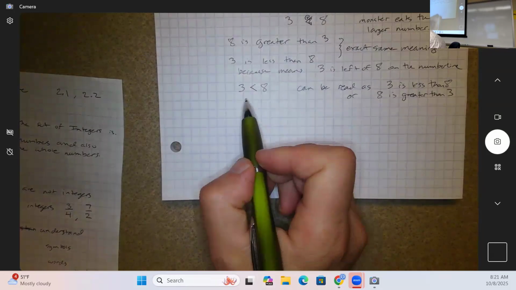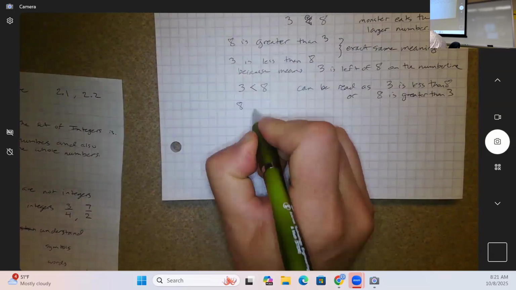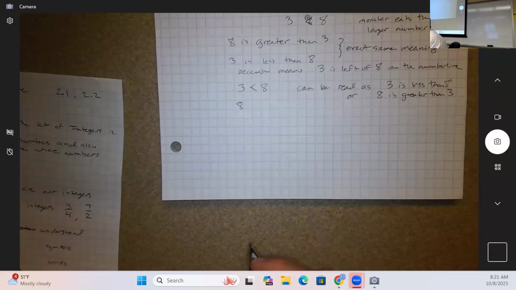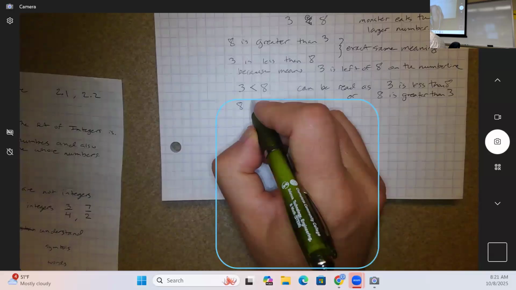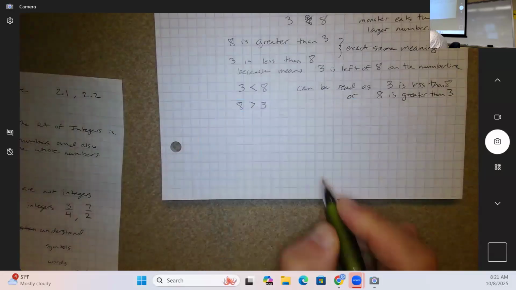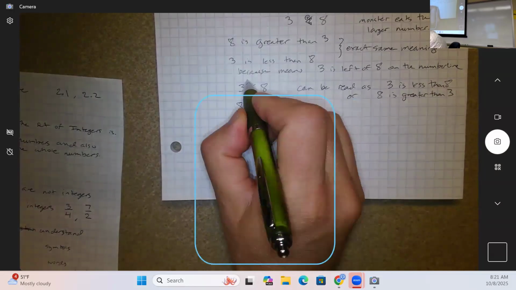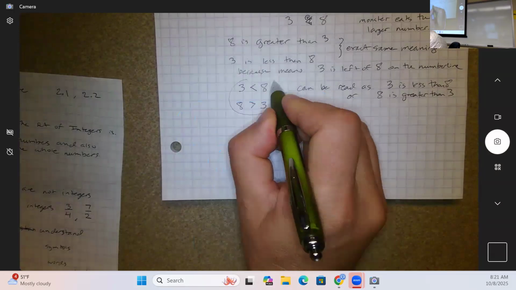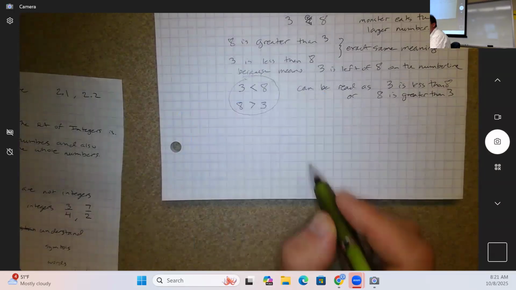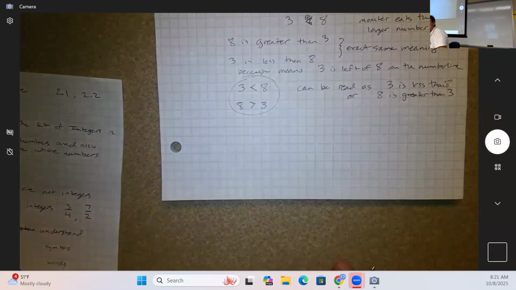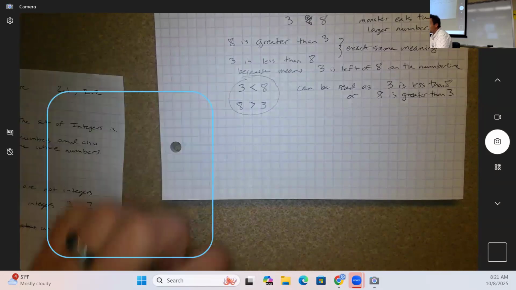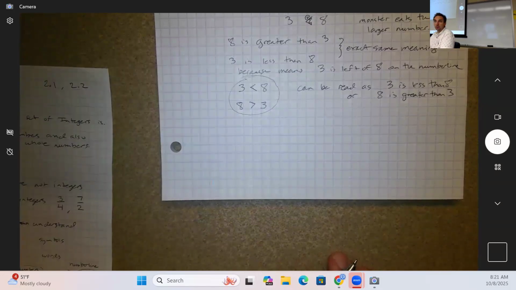And so I can also turn the symbol around, and if I put the 8 first, I just make sure the symbol still opens towards the 8. Right? 3 is less than 8 is equivalent to 8 is greater than 3. I can read either of these symbols with either of those sentences because they're all equally true.